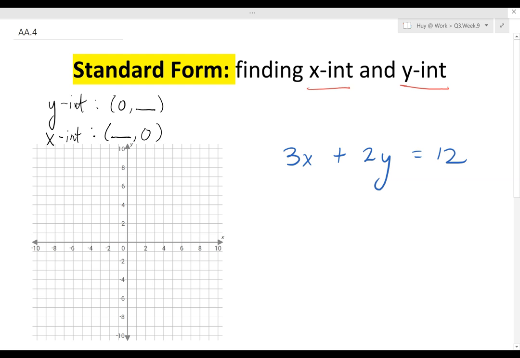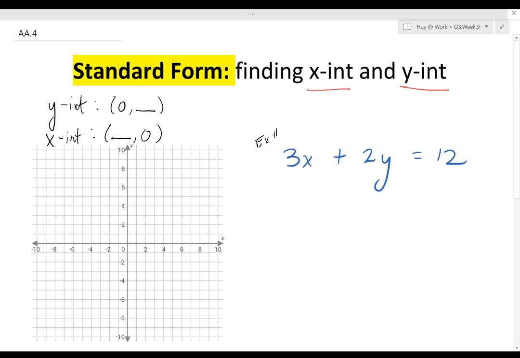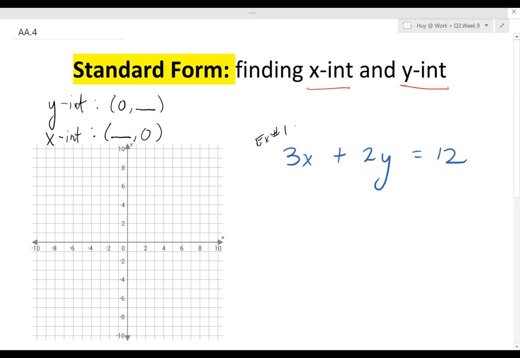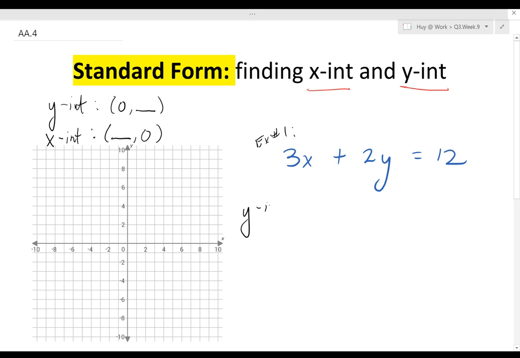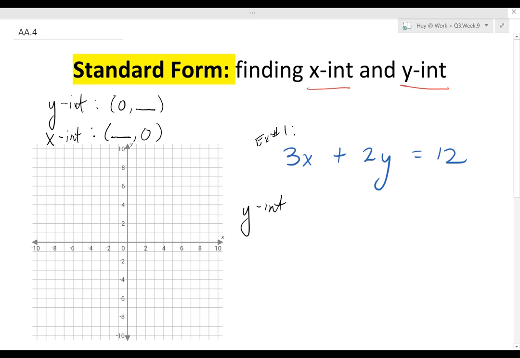Okay, so knowing that, we could take an equation like this example that I wrote here, where 3x plus 2y equals 12. So the y-intercept is where x is 0 and there's going to be a y value. So let's substitute 0 in there.